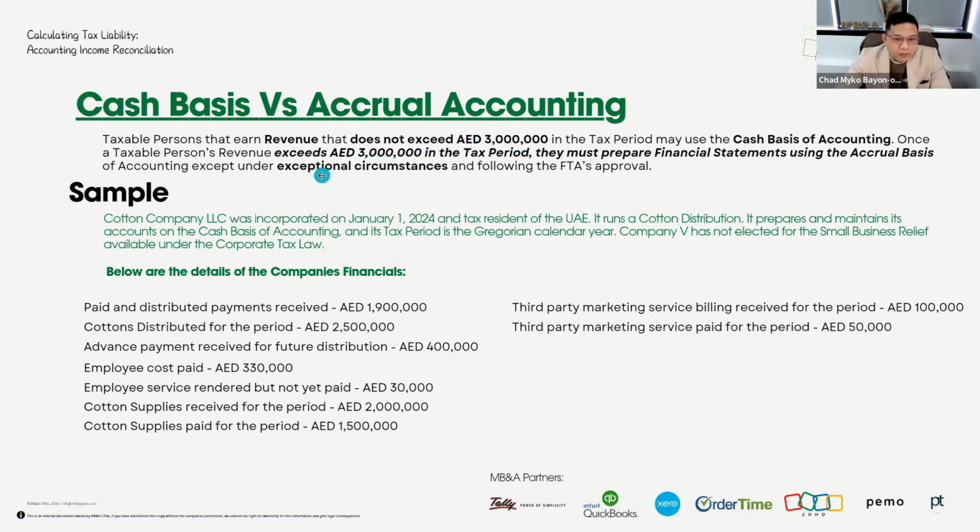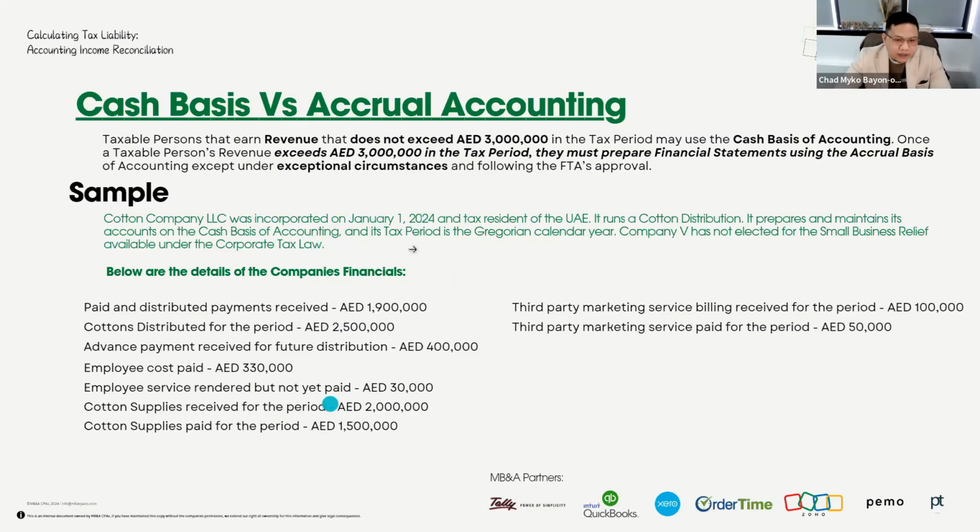And if it exceeds 3 million, they would be following the accrual accounting. Either they choose IFRS for SMEs or they will be applying full IFRS. Now the answer for this trivia is true.